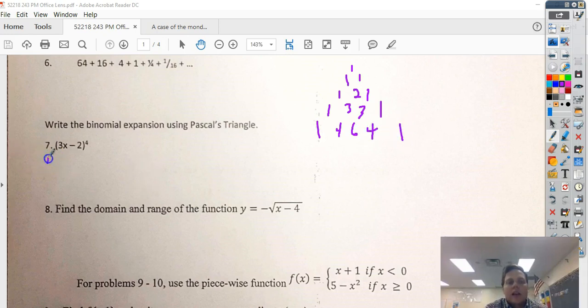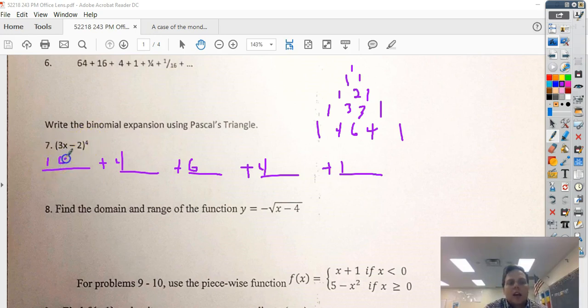Okay, so now I can say 1 times something plus 4 times something plus 6 times something plus 4 times something plus 1 times something. So what you do is you take your first term and you raise it to that entire power.